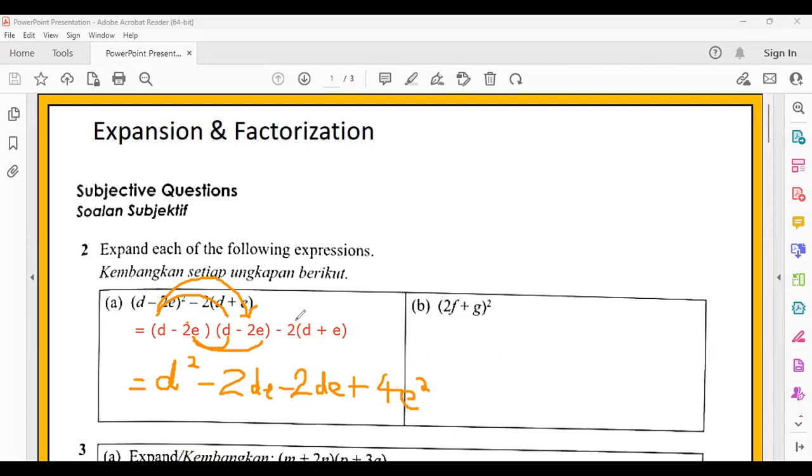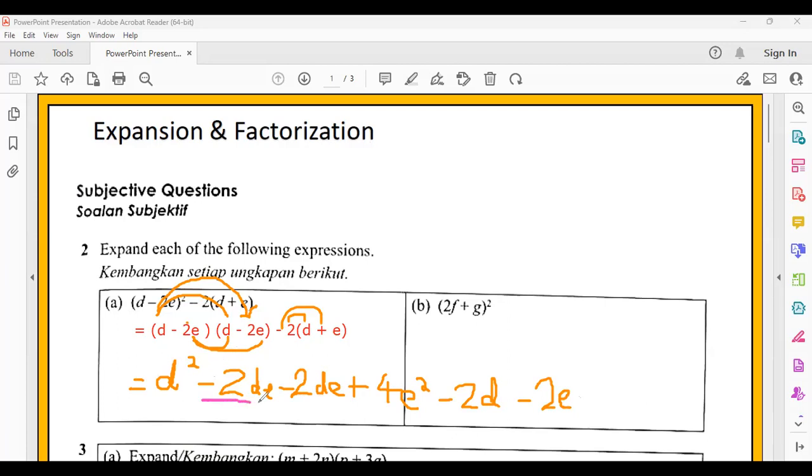But don't forget, you have got this part as well, minus negative 2 times d is minus 2d. And then negative times positive, you're going to get negative 2e. You see that? It's kind of long. It's really long, but it's doable.